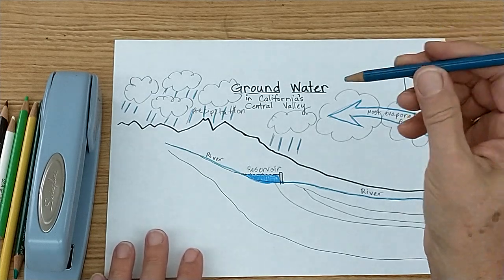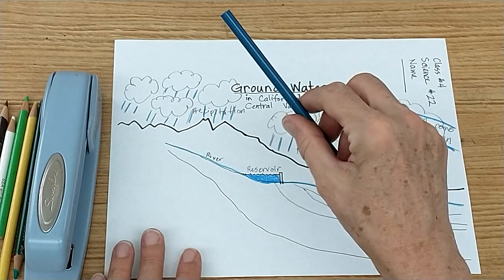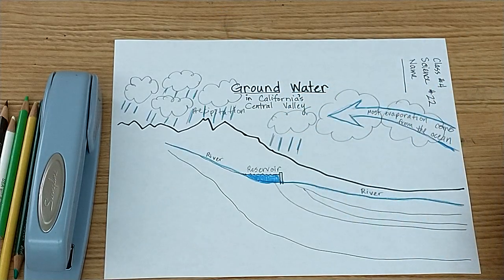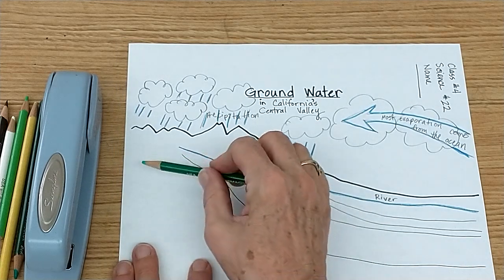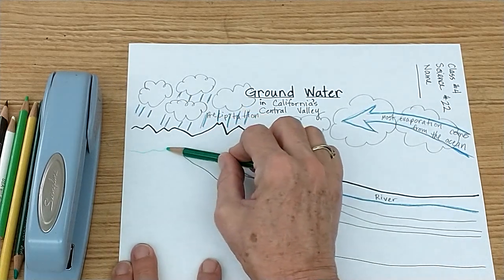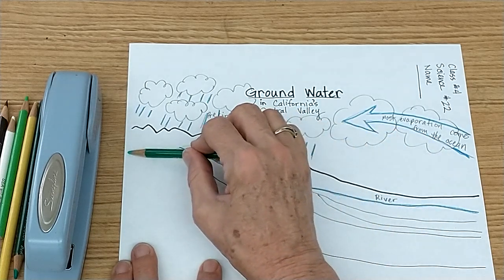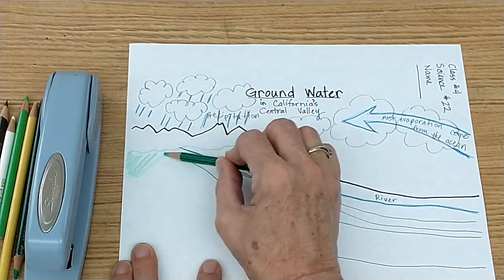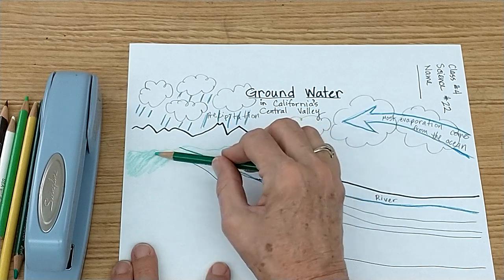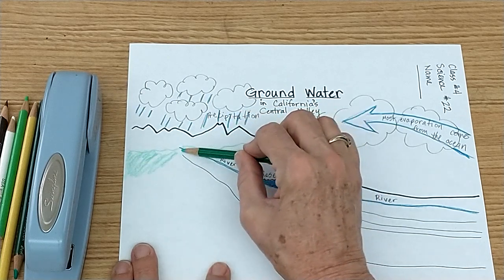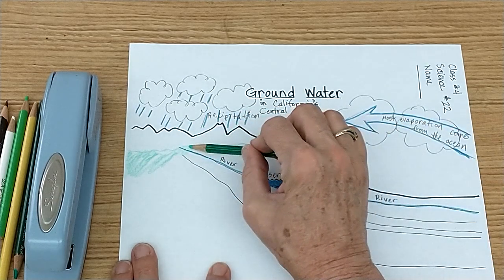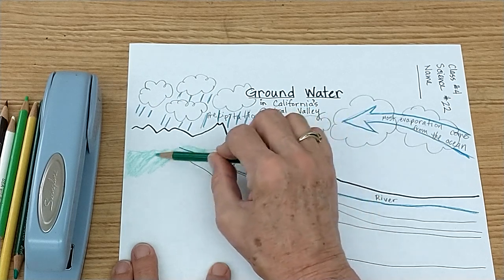So set this pencil aside for a moment. And we're going to do a little bit of coloring so that we can see that we have snow in the mountains. We're going to make a kind of wiggly line that goes like that. And then you're going to color green underneath it. Just do a little bit of green up here, because pretty soon it's all going to be the underground, peeking underground version.